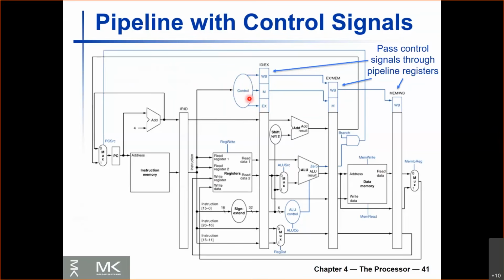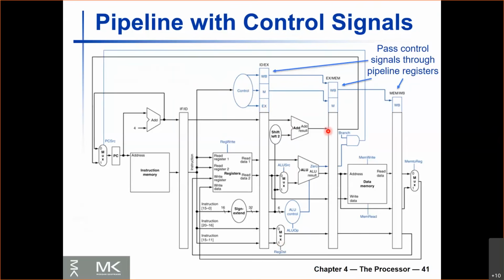I'm going to have a set of control signals for the execute stage, a set for the memory stage, and a set for the write-back stage. Here, when I get to the execute stage, I'm going to get the control signals from the pipeline register and provide them to ALU source, ALU op, and reg dest.